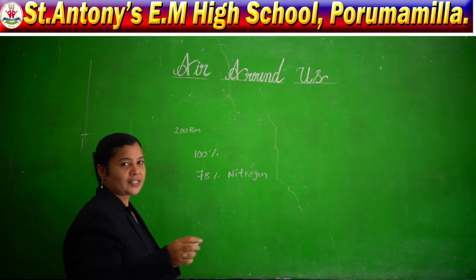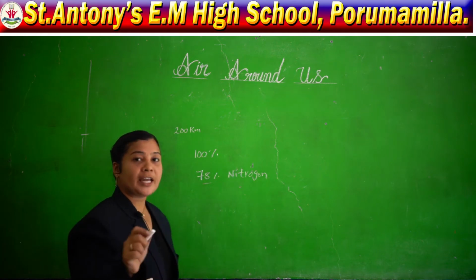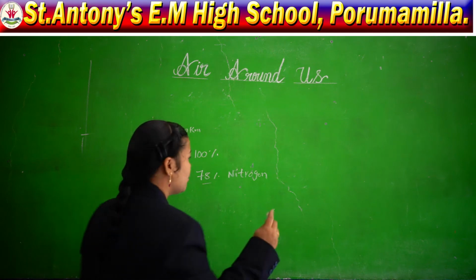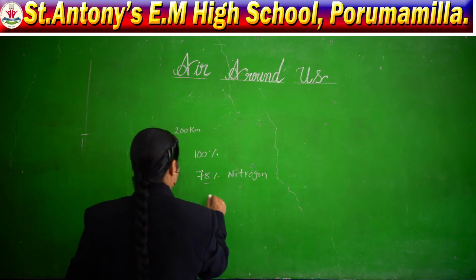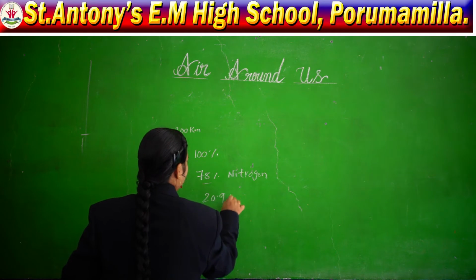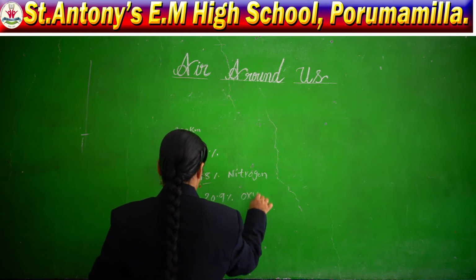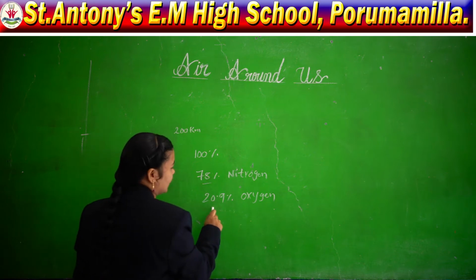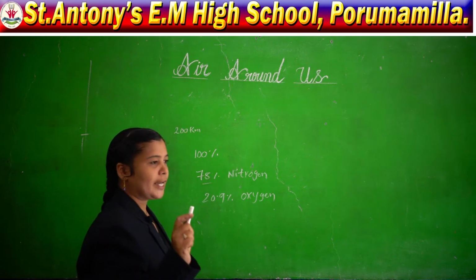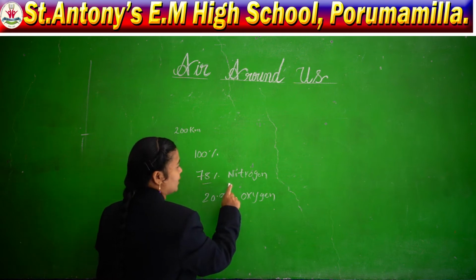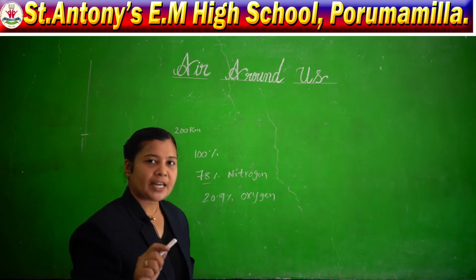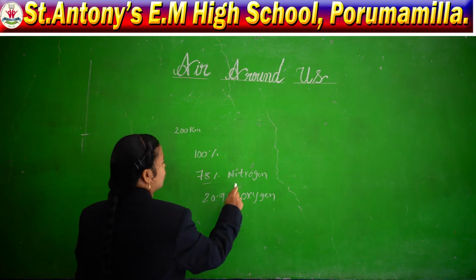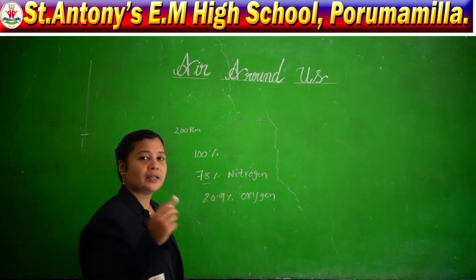What about oxygen? 20.9% is oxygen. So what is the percentage of oxygen? 20.9%. And what is the percentage of nitrogen? 78% of the air is nitrogen.